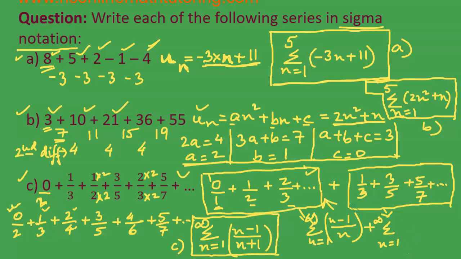If I take the numerator as 2n minus 1, 2 times 1 is 2 minus 1 is 1. And 2 times 1 is 2 plus 1 is 3. So can we write the numerator and the denominator expressions as 2n minus 1 over 2n plus 1? Check.